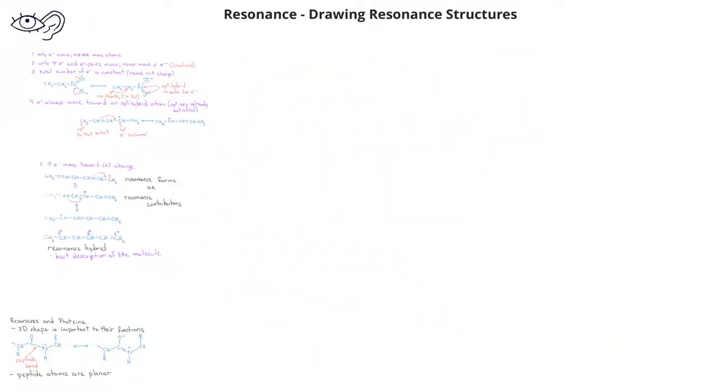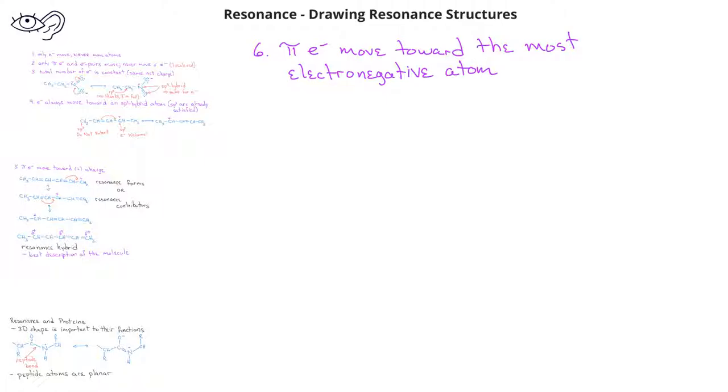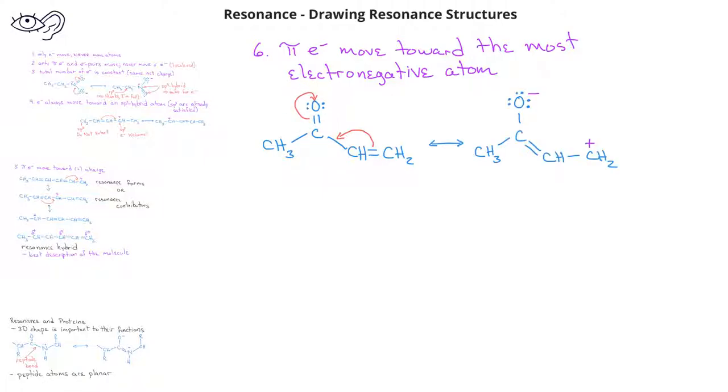The final rule states that, if possible, you should move electrons toward the most electronegative atom. In this case, the pi electrons from the CH2 move toward the sp2 hybridized CH and C, and the pi electrons from the carbon double bond to the oxygen move up to the oxygen, because oxygen is more electronegative than carbon.